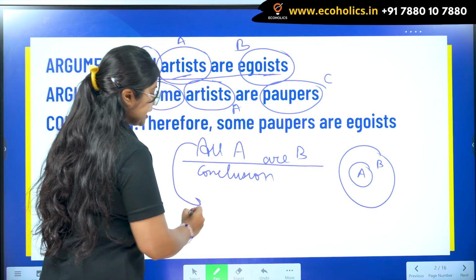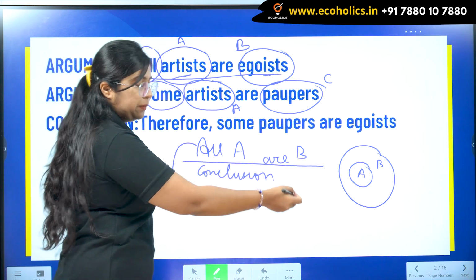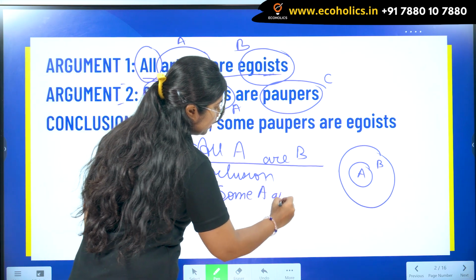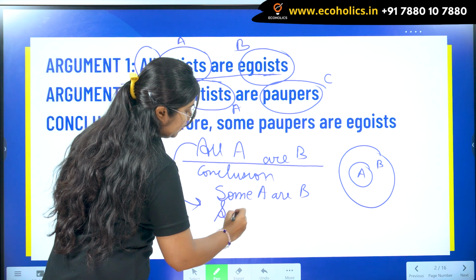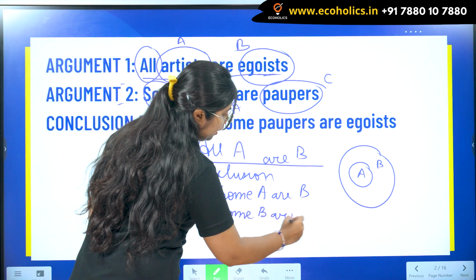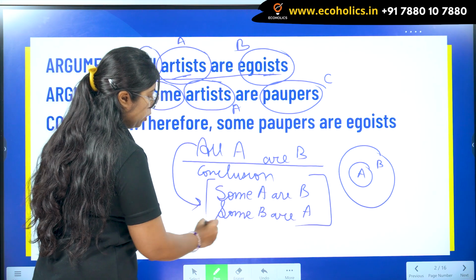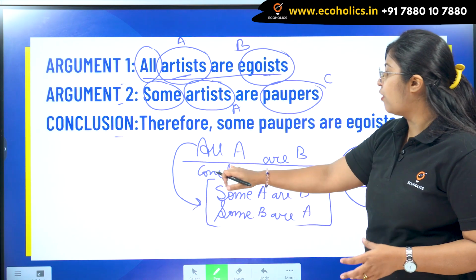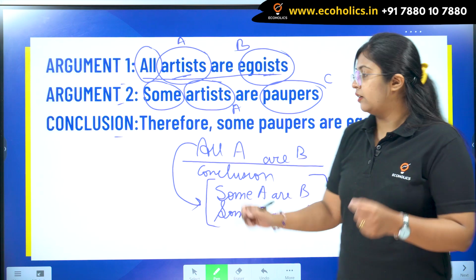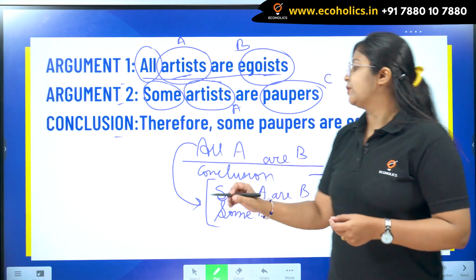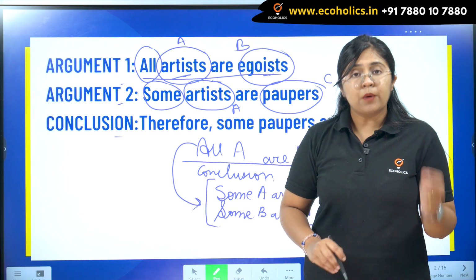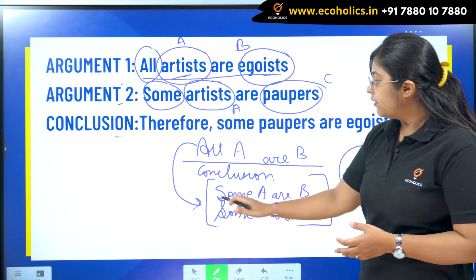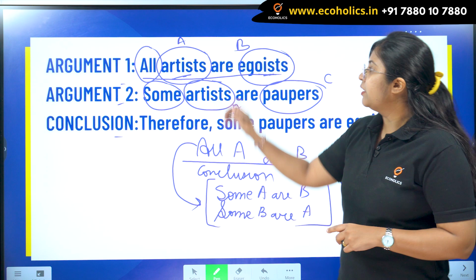For all the statements which are in the form of all A are B, they would be concluded as some A are B and some B are A. Always remember that whenever an argument is in the form of all A are B, the quantifier is universal positive, which is why the conclusion will be positive, affirmative, but in a particular way. So particular affirmative will be the conclusions.